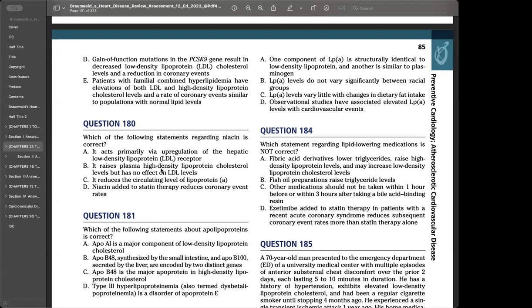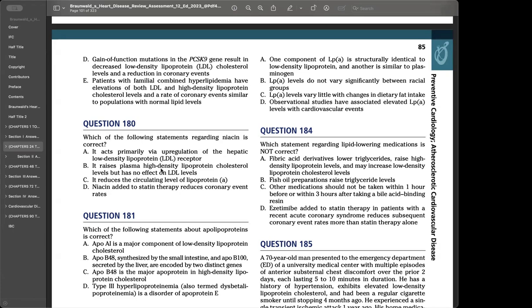Fish oil, especially the ones that have eicosapentaenoic acid or docosahexaenoic acid, that's EPA or DHA, lower triglyceride levels, they do not raise them. They do this by reducing the hepatic VLDL production, and this enhances the clearance of triglyceride.